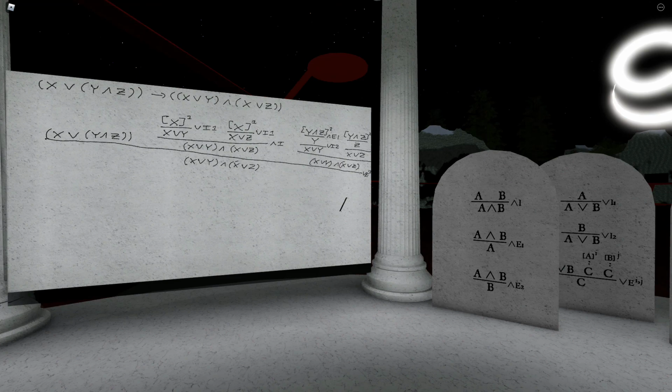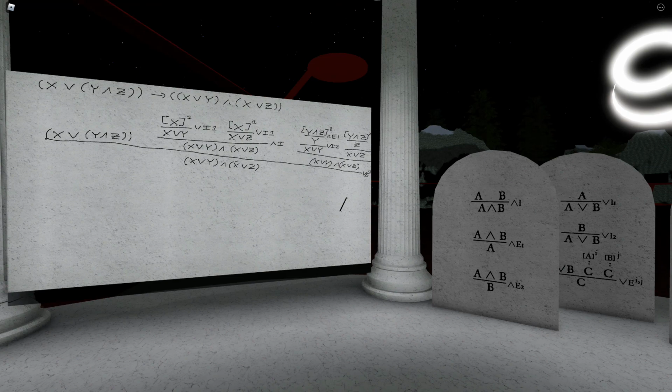Yeah, exactly. So in this proof, I've proven x or y and x or z from the singleton collection of assumptions, which is just x or y and z.